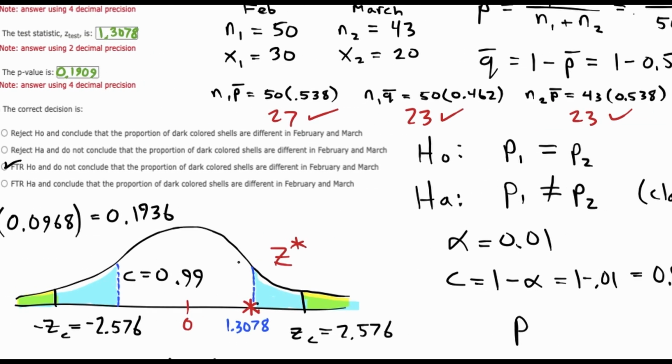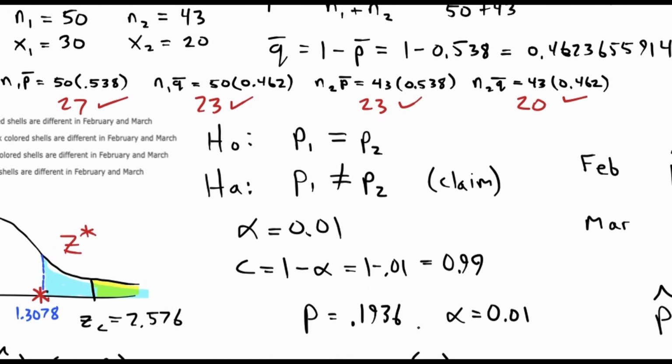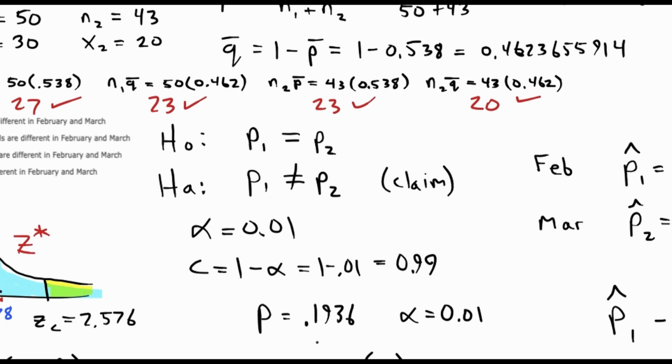P was 0.1936. The alpha level was 0.01. So we're going to definitely say that P is greater than alpha. So we will fail to reject H0, meaning that we like H0 and we don't like the claim.